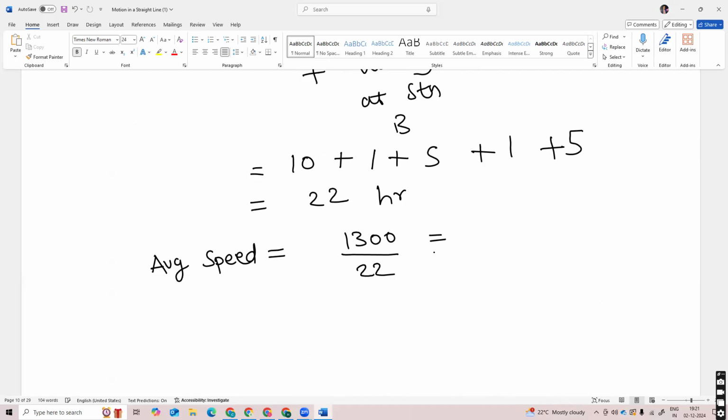So you can simply calculate this 1300 by 22. If you calculate it, you will get basically 59.09 kilometers per hour. So this was the average speed of the train.